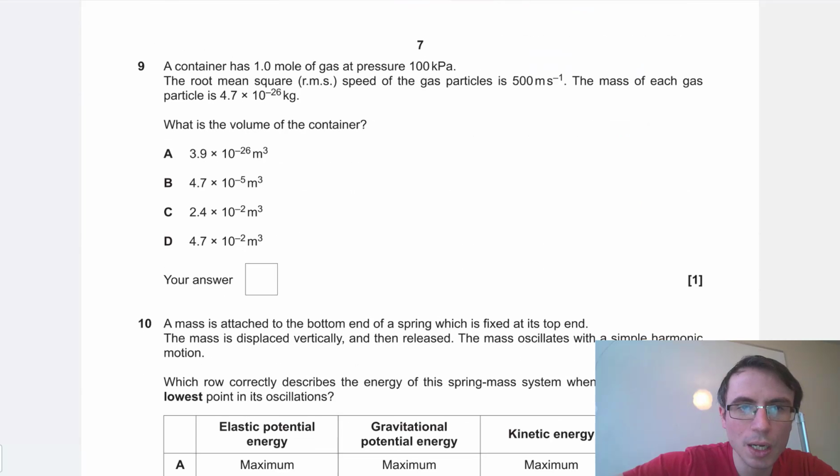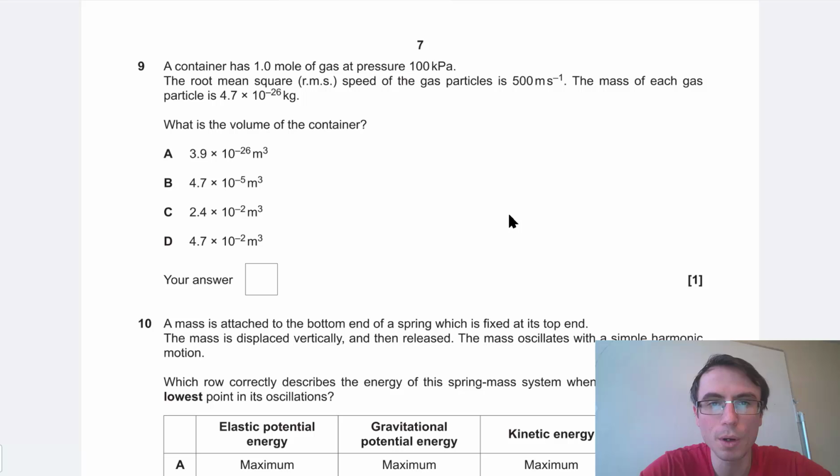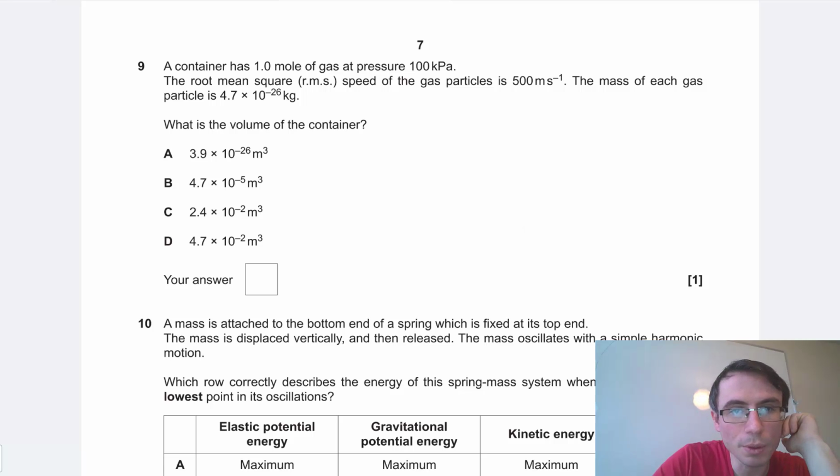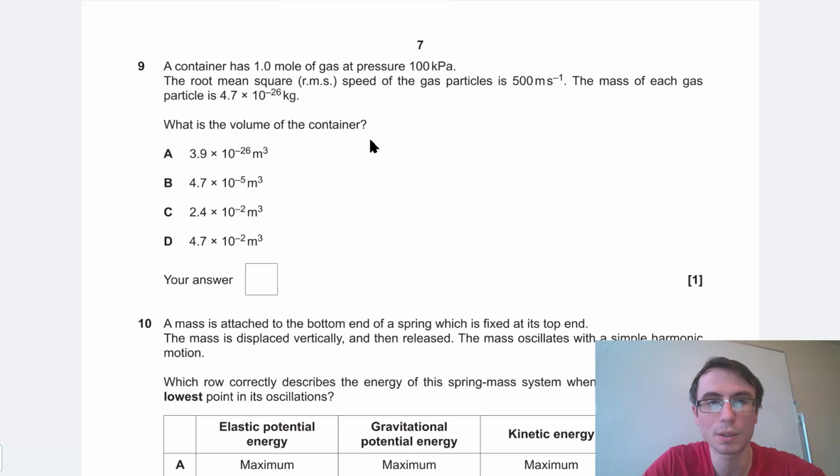Okay, question 9. A container has 1 mole of gas at a pressure of 100 kilopascals. The root mean square speed of the gas particles is 500 meters per second. The mass of each gas particle is 4.7 times 10 to the power of minus 26.